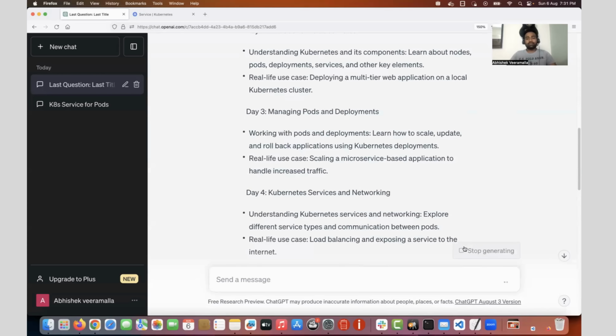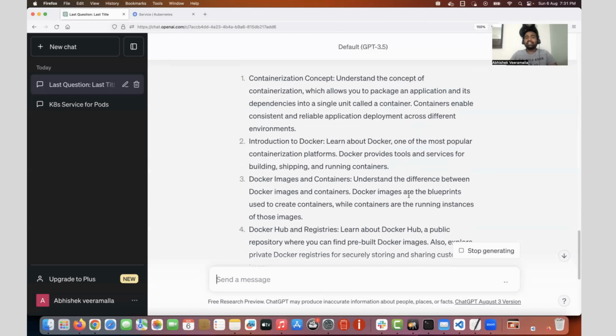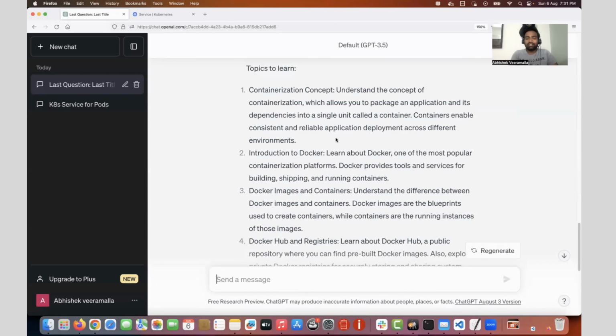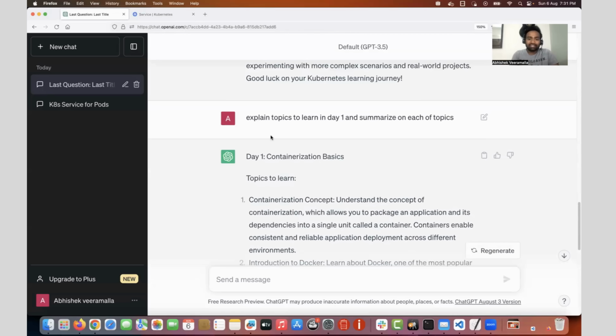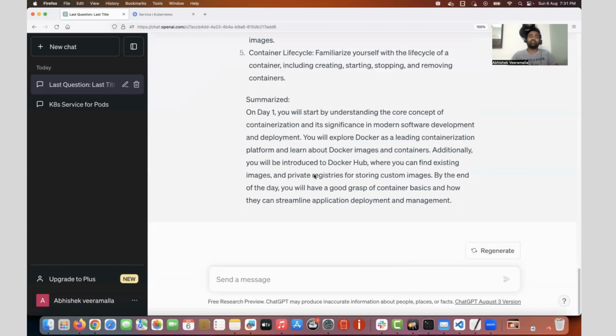Now again, ChatGPT will respond with the things that you have to learn on the first day as well. Previously it explained what to learn in 7 days to master Kubernetes, and here I asked about day one, and it has provided all the details that I have to learn in day one as well.